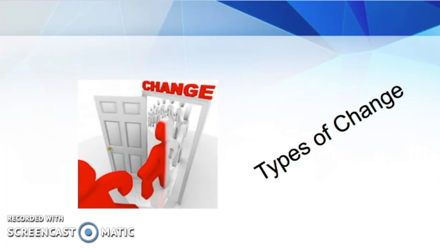Types of change: organizational change and change management. The objective in organizational change management is to maximize the collective benefit for all people involved in the change and minimize the risk of failure implementing the change.